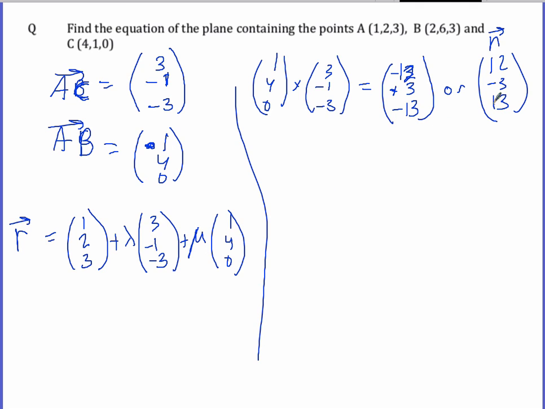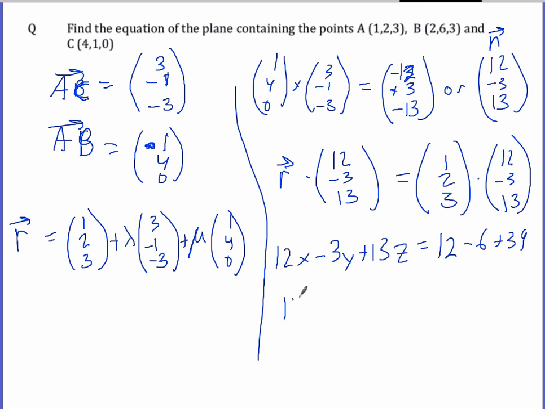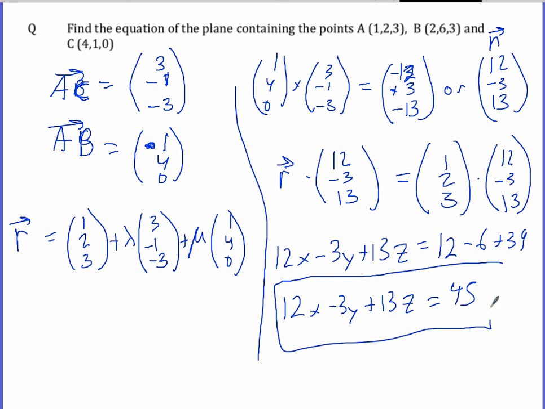If we want Cartesian form, we need the normal, and we need to do this: r dot 12, negative 3, 13 equals a point on the plane dot with the normal, and we get 12x minus 3y plus 13z equals 12 minus 6 plus 39. So 12x minus 3y plus 13z equals 45 is your answer in Cartesian form.